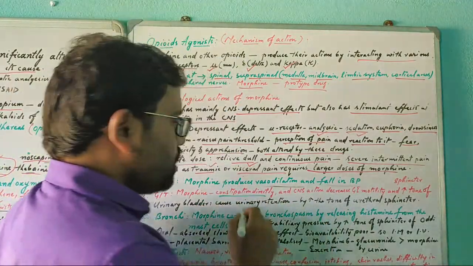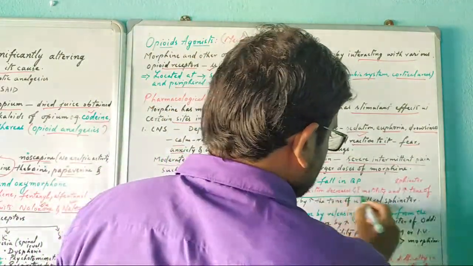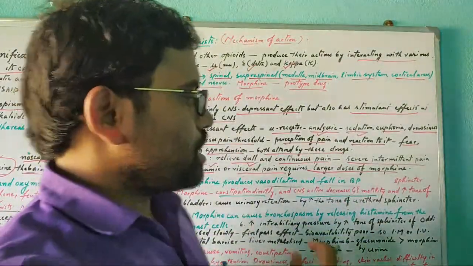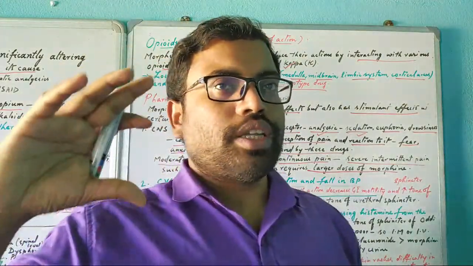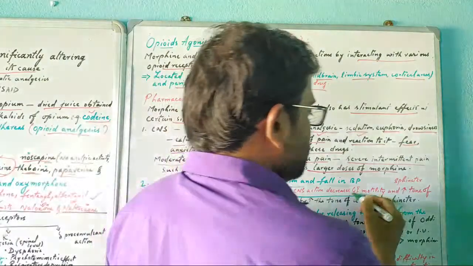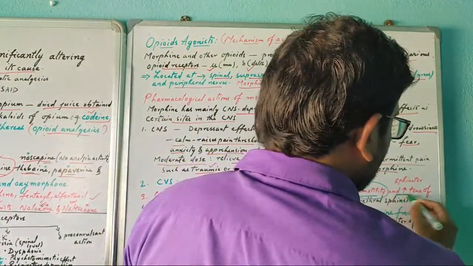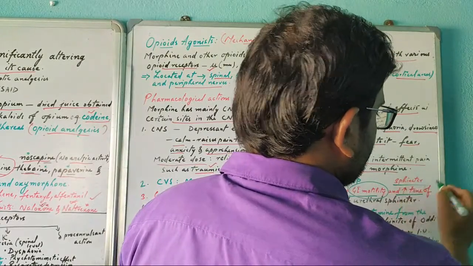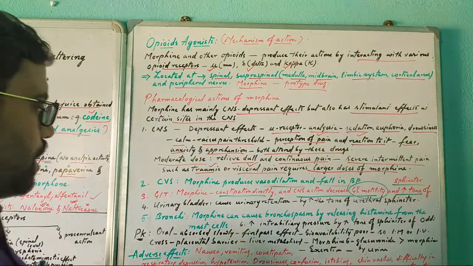Then the CNS action decreases GI motility, meaning morphine acts on the CNS and reduces gastrointestinal tract motility, and by that way it increases the tone of the sphincter, okay.